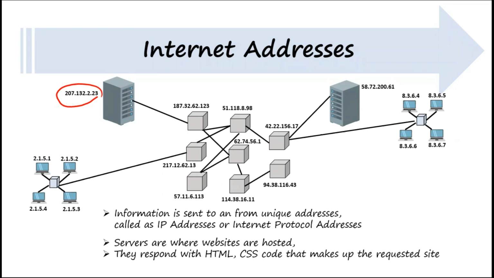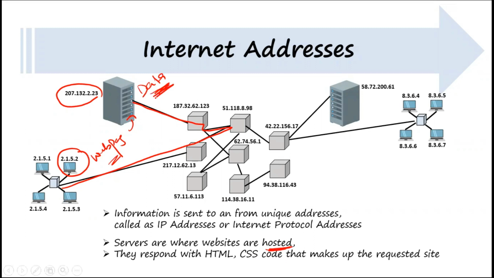up the requested website. So what happens is, suppose this computer requests a web page. The request goes via certain routes and gets to the server. Now the server checks the request and sees if it has the particular data associated with it. If that particular website was hosted on that server, then the data is available.